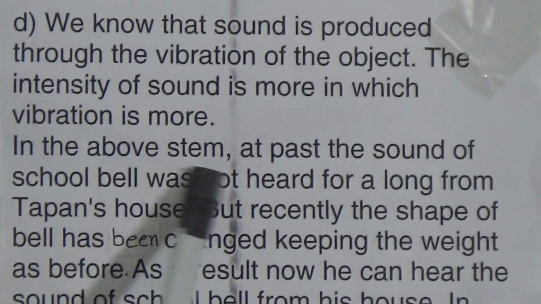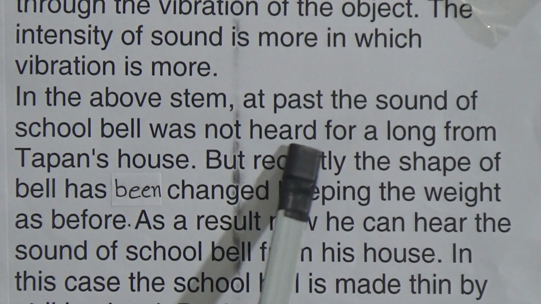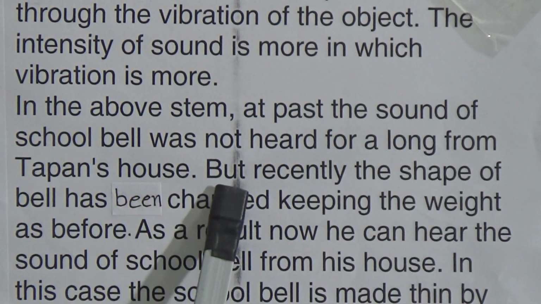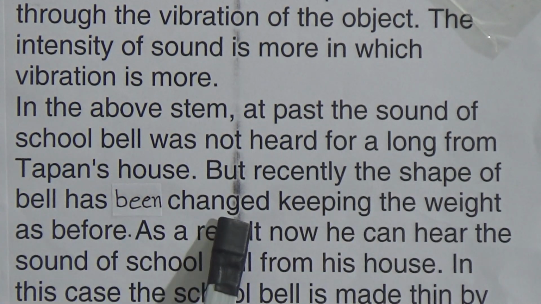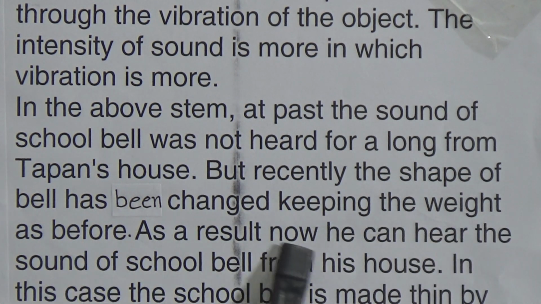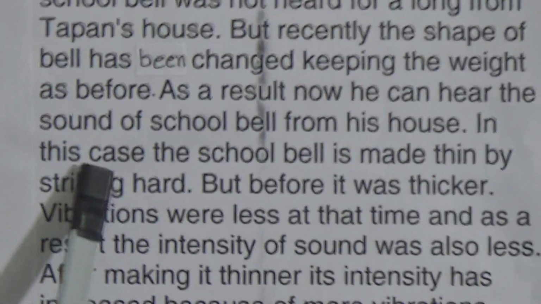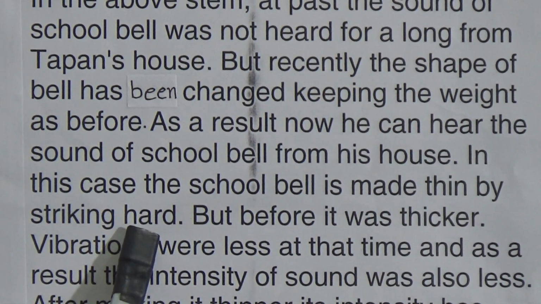In the above stem, at first the sound of the school bell was not heard for long from Tapan's house, but recently the shape of the bell has been changed, keeping the weight as before. As a result, now he can hear the sound of the school bell from his house. In this case, the school bell is made thin by striking hard.